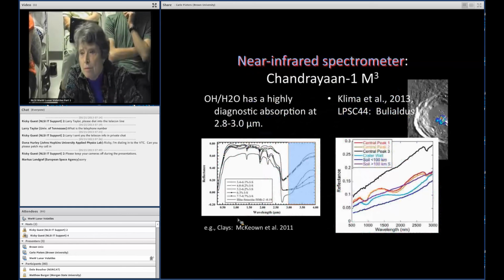And what she's pointed out, and now that you can look at the spectra, is that only the central peaks exhibit the OH-H2O absorption. The walls and the surrounding soil have no absorption at all. It's this deep-seated material, which is part of the thorium anomaly, that exhibits a component of OH or H2O materials.